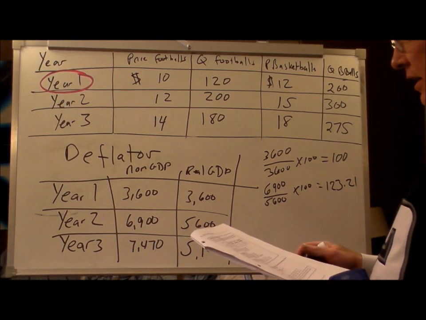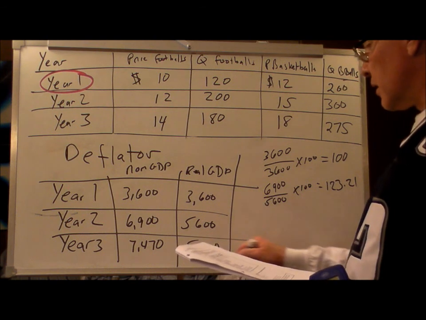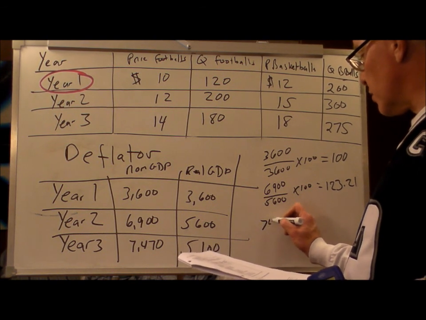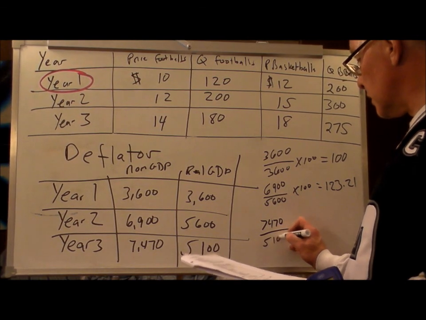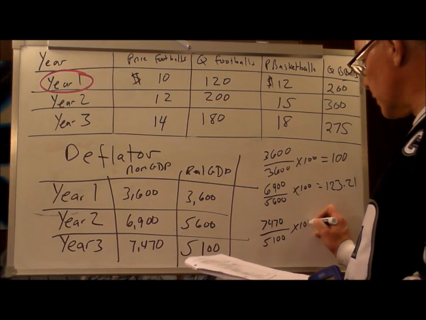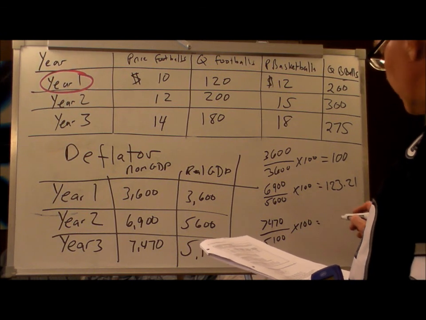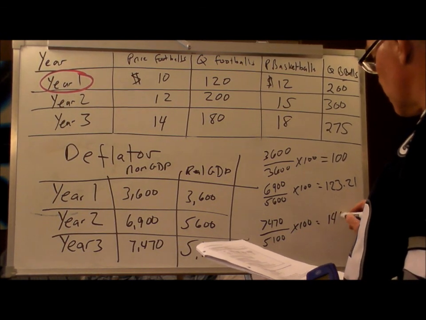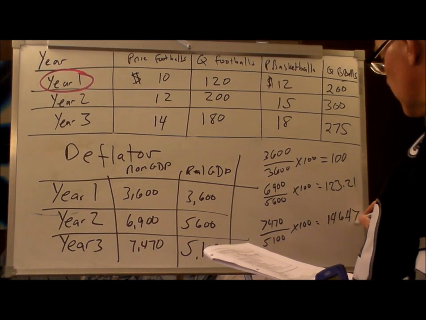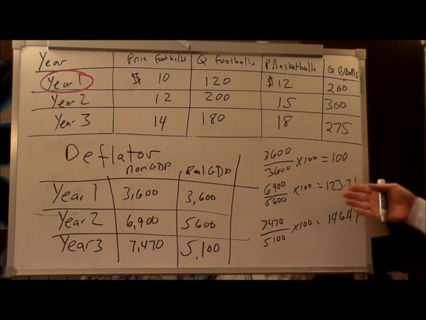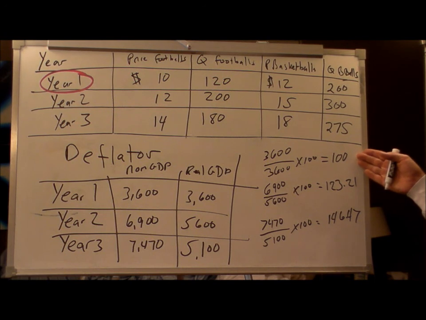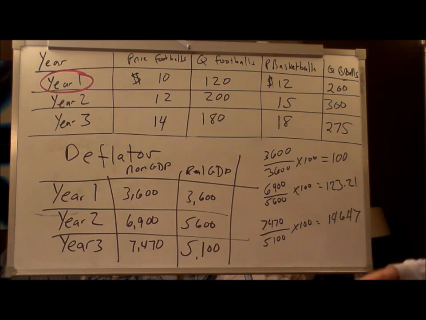And then finally, in year three, our nominal GDP is 7,470. Our real GDP is 5,100. And we multiply that by 100, and the deflator has a value of 146.47. Now, these numbers are just an arbitrary number that we picked: year one as the base year, set that to 100, and then we compare it to the other two years.